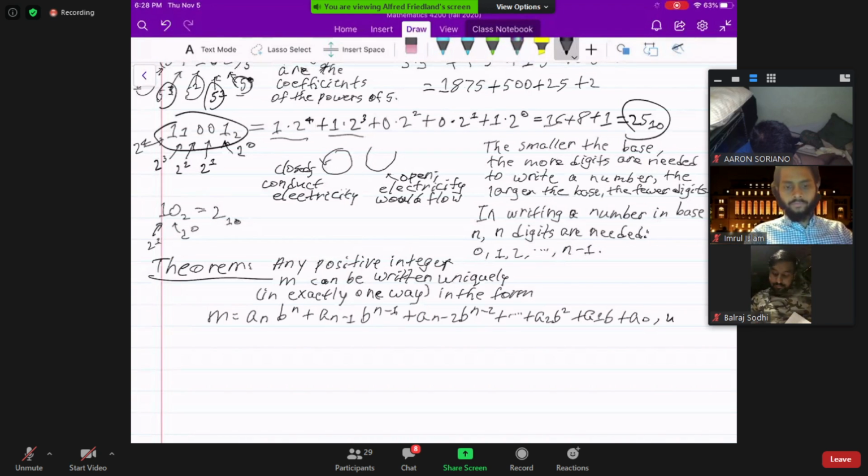where, let me interrupt. For people who are not used to seeing a polynomial written in this form, don't be intimidated by these subscripts. The a sub n at the beginning, where I wrote m equals a sub n, is just the coefficient, the numerical coefficient of the nth power of b. And then the next term, a sub n minus 1, that's just to identify it as the coefficient of the n minus 1 power of b.